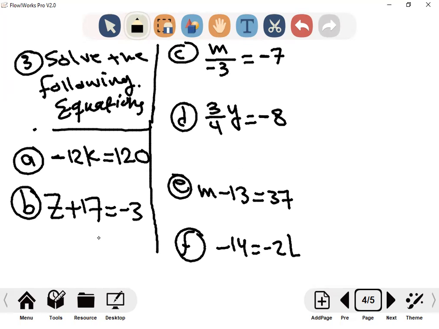These we call one-step equations, right? Tomorrow we have two-step equations and solving with parentheses, if you remember the latest 3 lessons, okay?